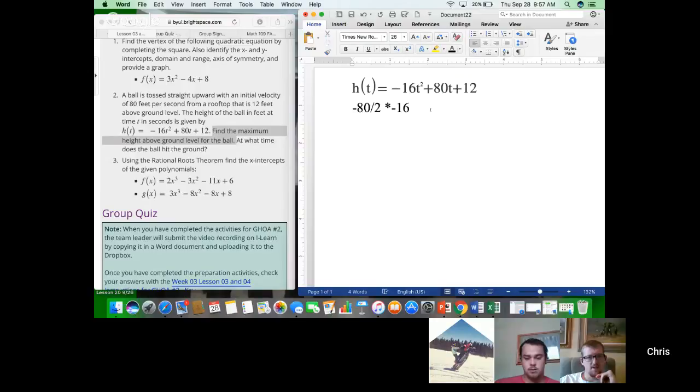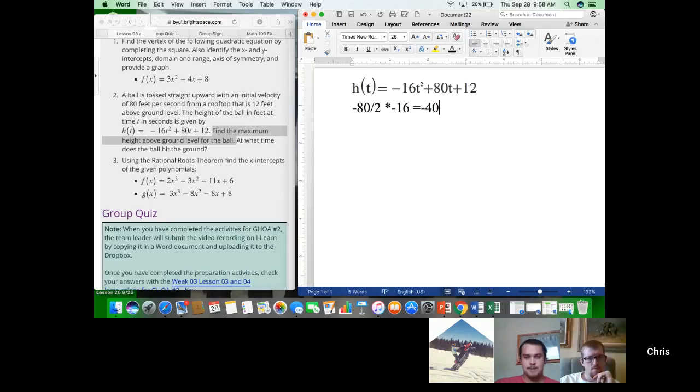So you do the 2 times negative 16 first, and then you put the negative 80 over that. So it'd be negative 80 over negative 32, and then we have to simplify the fraction.